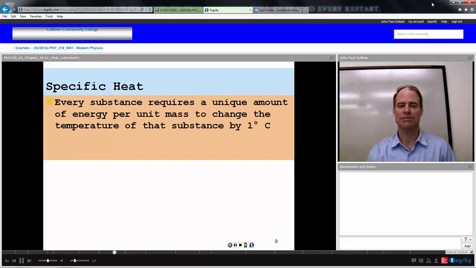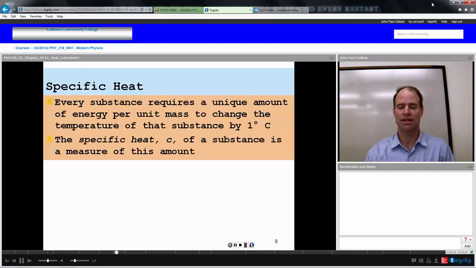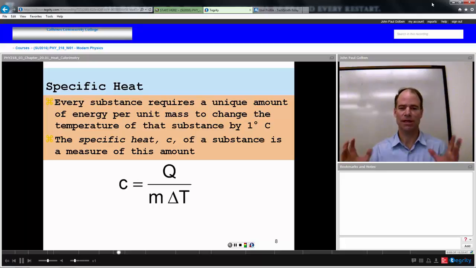Specific heat. Every substance requires a unique amount of energy per unit mass to change the temperature of that substance by 1 degree Celsius. The specific heat, little c, of a substance is a measure of this amount, and we can define it as being equal to the heat required per mass per change in temperature.